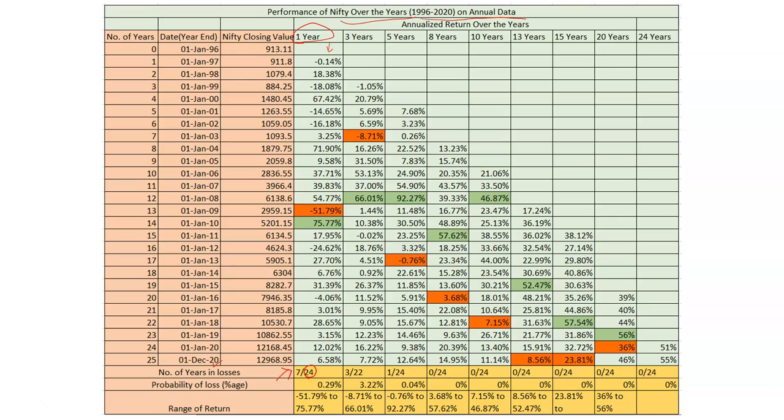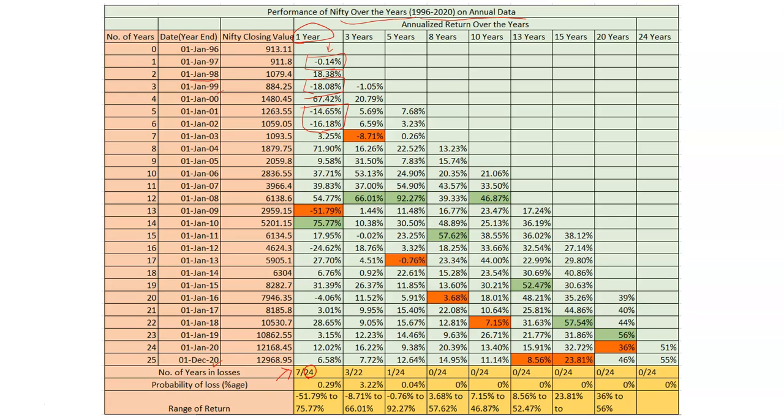In the first year itself you would have had a loss of 0.14%. In 1999, I mean if you had invested on 1st January 98, after 1 year you would have incurred a loss of 18%. Again in 2001 you would have got a loss of 14%. In 2002 you would have got a loss of 16%.